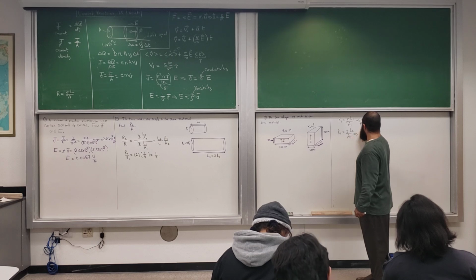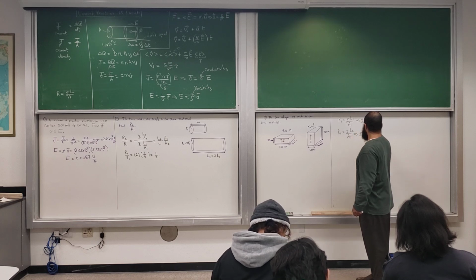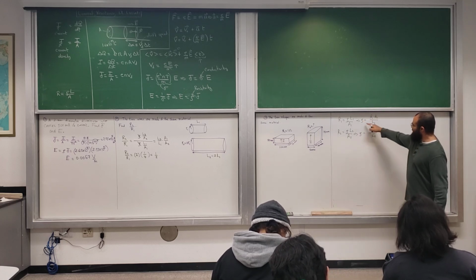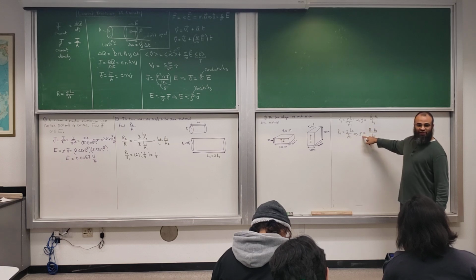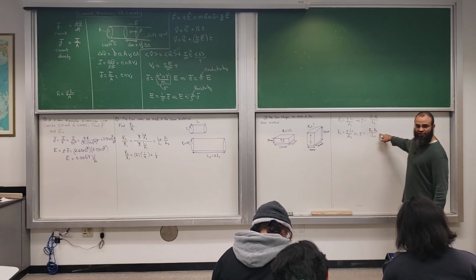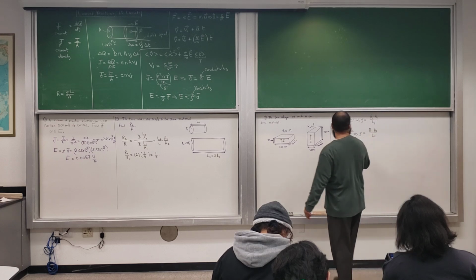And so rho is R2 A2 over L2. Now, they have the same resistivity, so we're going to set them equal.